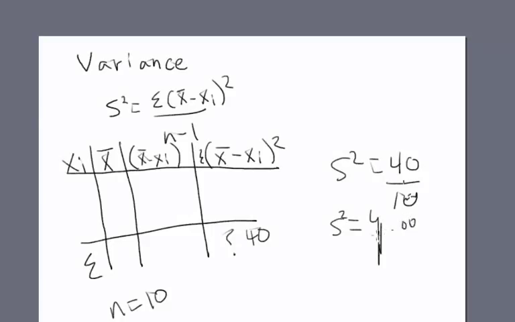The problem with this is that it's just an overall measure of variability. But notice that we could have done something else besides calculating it using the formula.